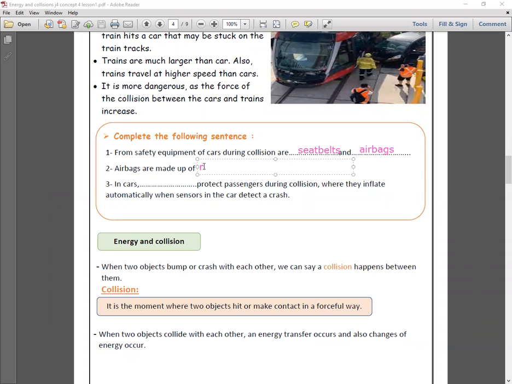So it will be made of nylon material. It will be lighter so it can fill with the gas and exhaust this gas easily, okay? In cars, what protects the passengers during a collision, where they inflate automatically when sensors in the cars detect a crash? So it will be the airbag.